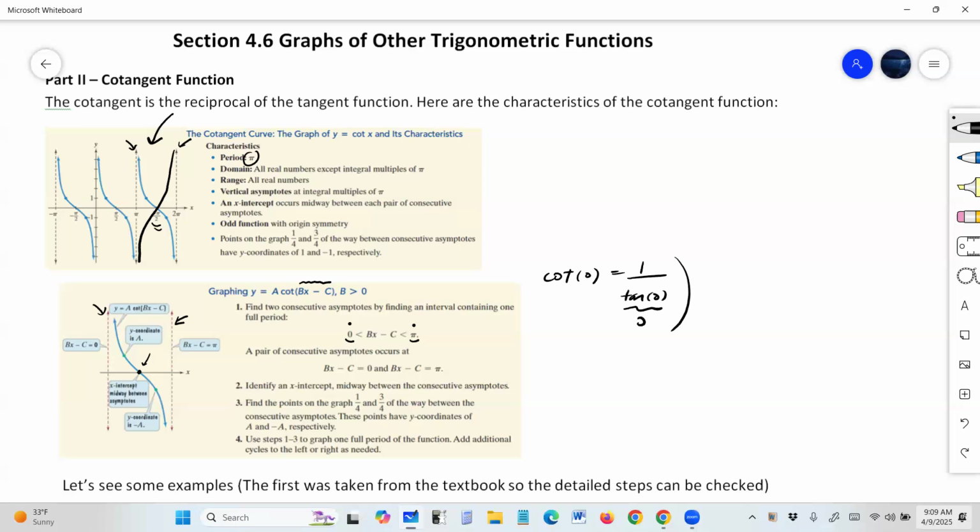So we're going to find the vertical asymptotes first, and then find the x-intercept after, using the fact that the x-intercept is the midpoint between the left asymptote and the right vertical asymptote. That's the only difference. Other than that, it's exactly the same. So let's take a look at the two examples that I have here for us.